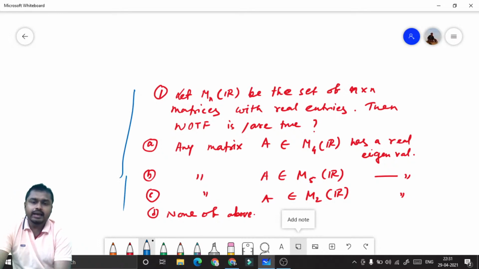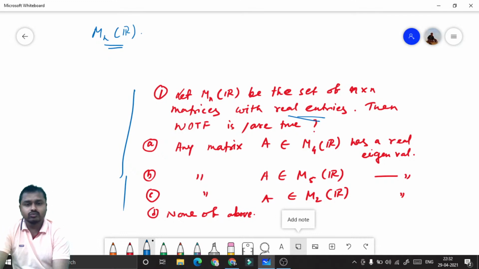First of all, let M_n(R) be the set of n cross n matrices with real entries. That means the entries of the matrices belonging to M_n(R) are real.